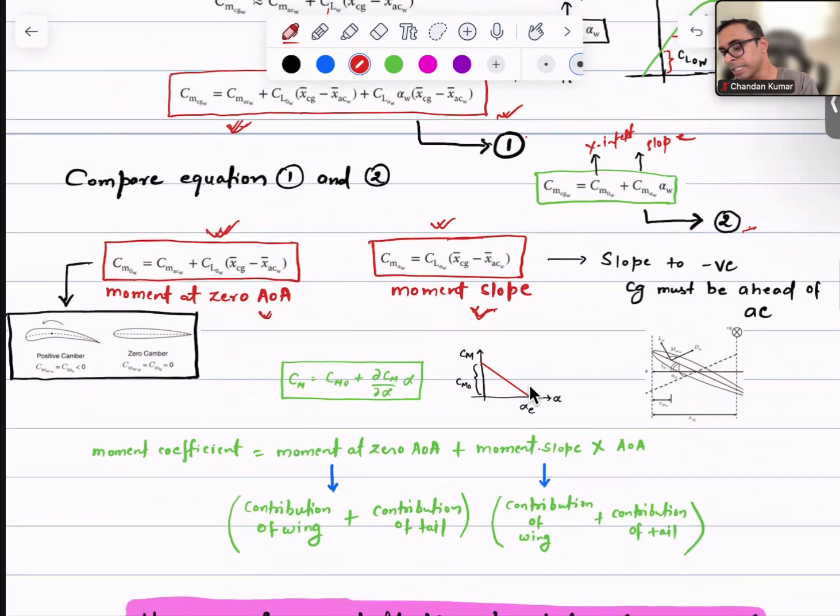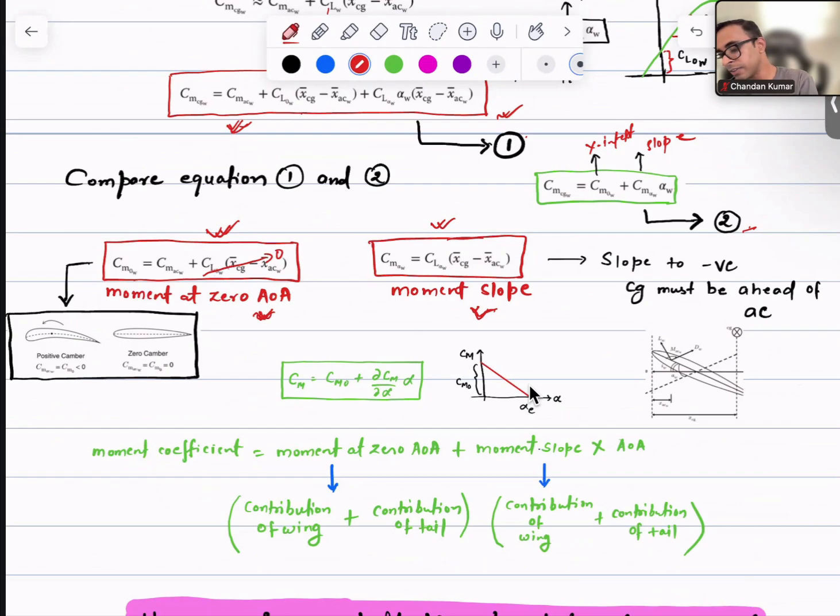Now looking at the moment at zero angle of attack, if we consider zero lift, this term will go to zero because we don't have lift at zero angle of attack, and in that scenario our moment at zero angle of attack is going to be equal to the moment about aerodynamic center. And generally in the wing we use either a positive camber airfoil or a zero camber airfoil.